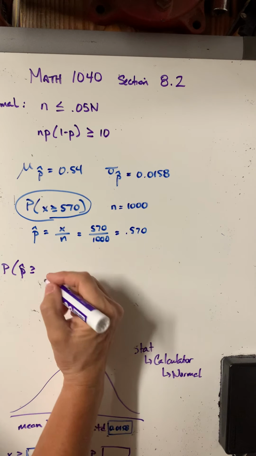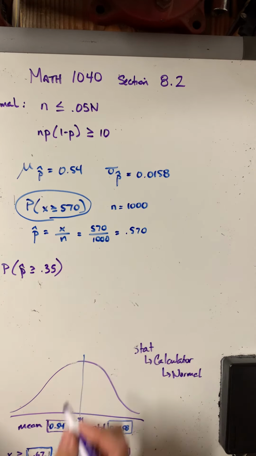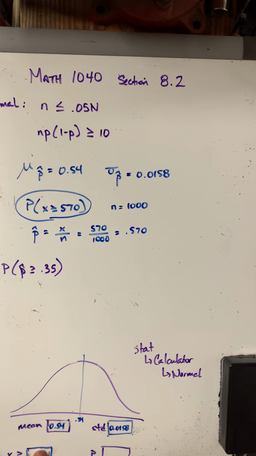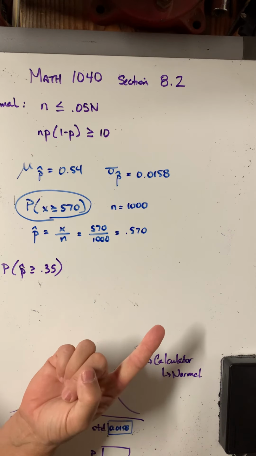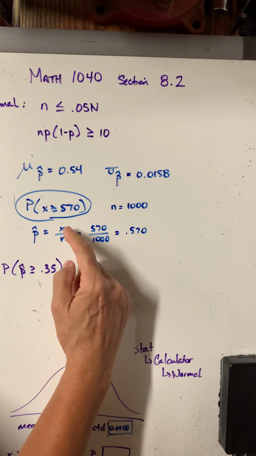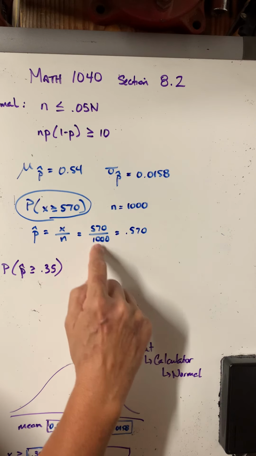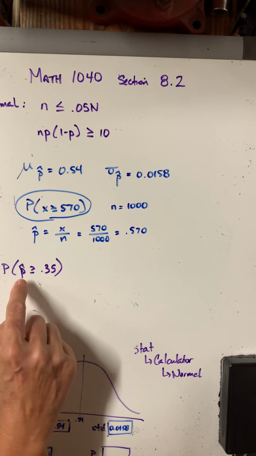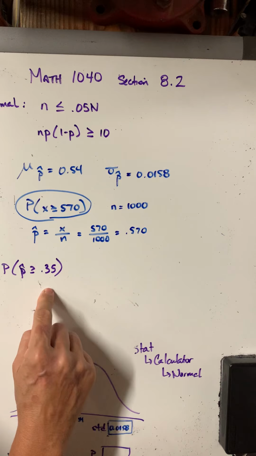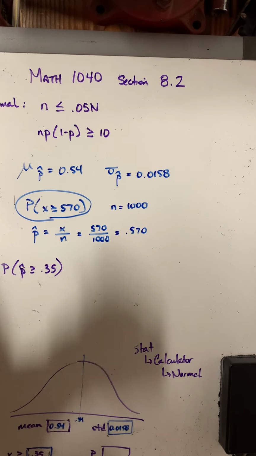I would convert that to 0.35. So that's not too bad, but I still want you to be able to recognize that that's now a third method. So they either gave you the proportion, or they gave you the amount and the sample size so that you can turn it into a proportion, or they gave you a percent, which you can then turn into a decimal, which is a proportion.